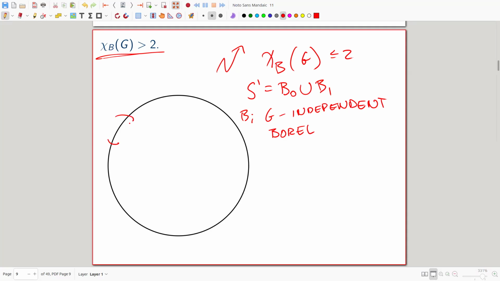So there will be some interval I such that, say, the red, okay, so let's call these guys red and the other one blue, the red points will fill this interval maybe up to 99% by the Lebesgue density theorem. And 99 will be a huge overkill.